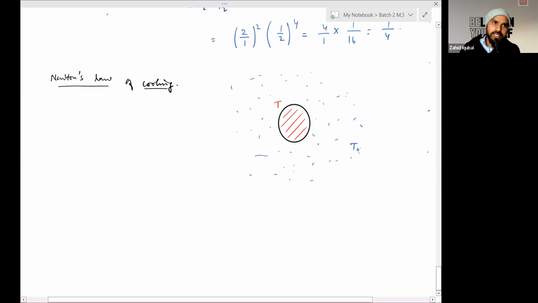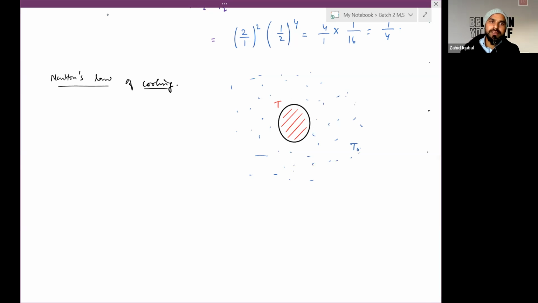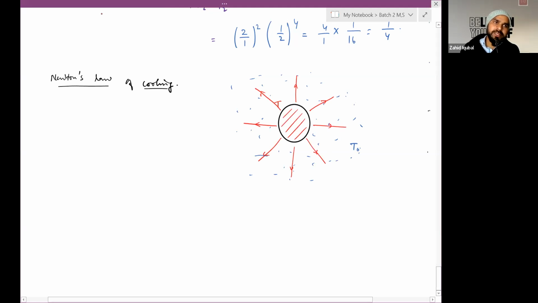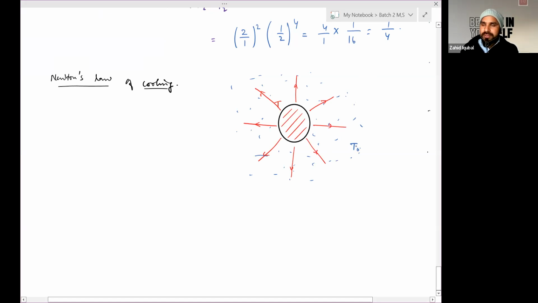According to the proposed hypothesis, this hot object will radiate emission in all directions according to its temperature. Since it has a large temperature, it will radiate more as compared to the surrounding. But the surrounding also has a temperature greater than 0 Kelvin, so it will also radiate, but a lesser amount of radiation.